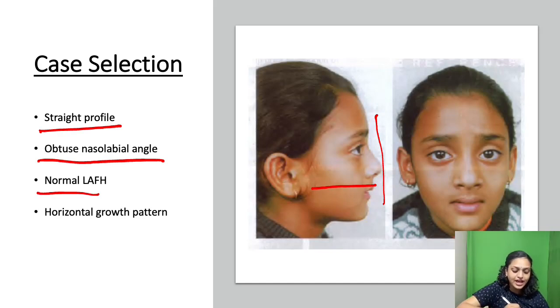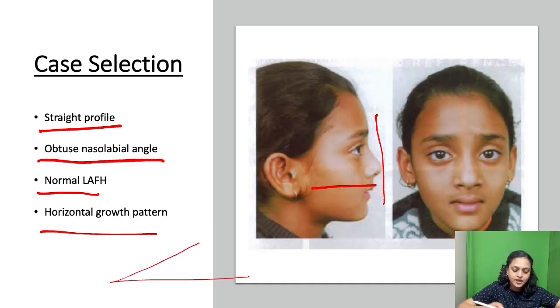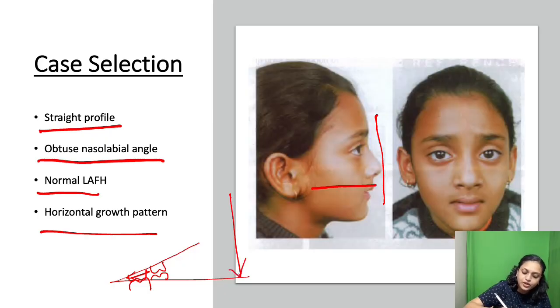Next, the patient should have a normal lower anterior facial height and also a horizontal growth pattern. Consider this to be a jaw. This is where the molars are situated. This is something called the wedge effect. When you are pushing the molar backwards, you are pushing the molar back into the wedge. This causes opening of the wedge.